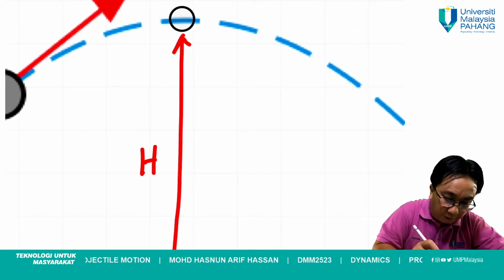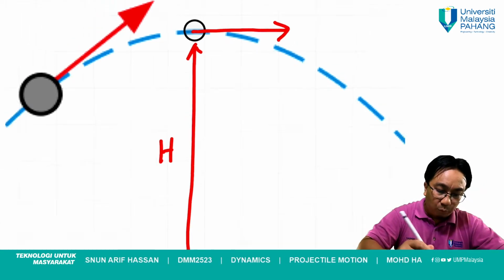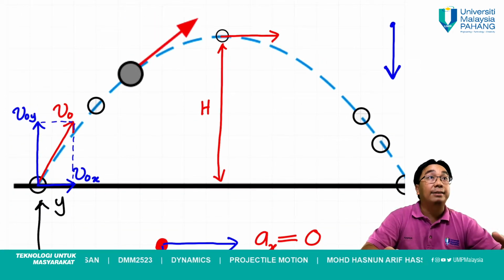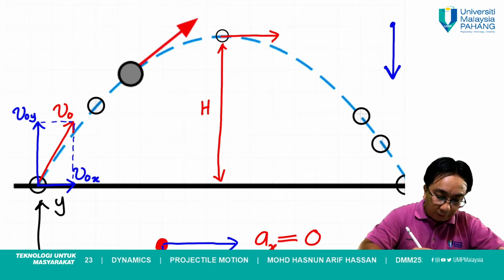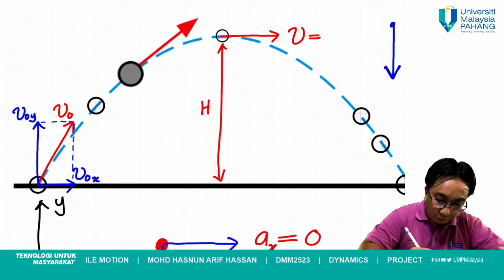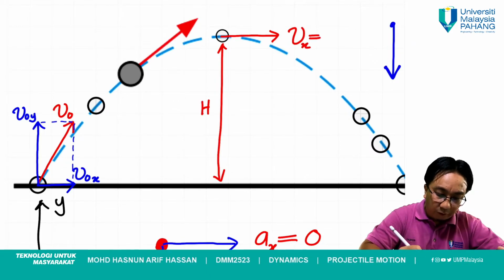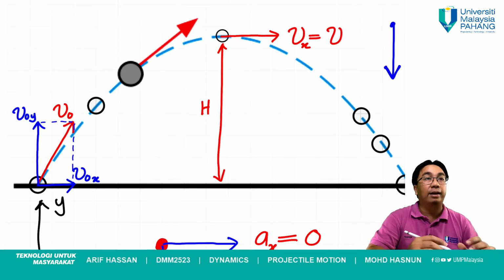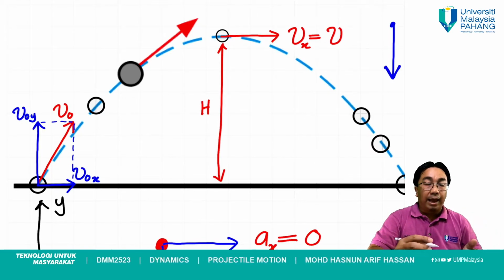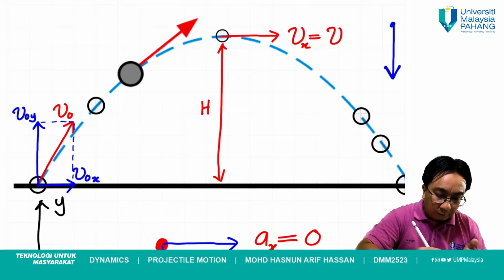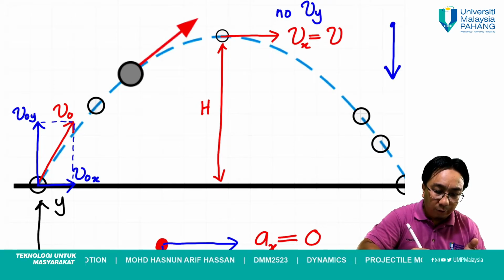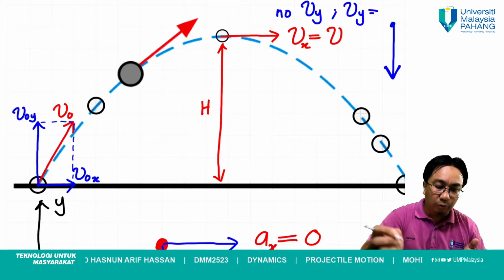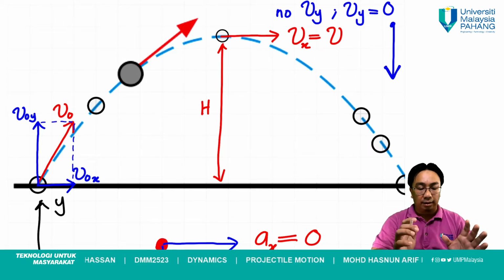If I zoom in a little, I can draw the velocity exactly to the right, which is exactly in the x axis. At this moment v, the actual velocity, is equal to vx, because there is no y component at the peak. No vy, or vy equals zero, at this moment only.